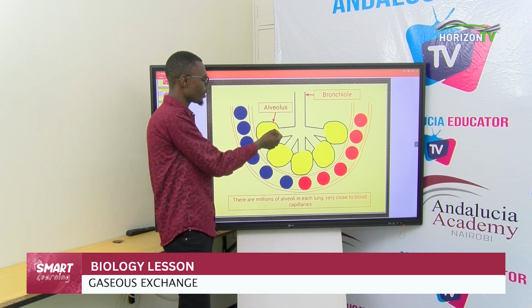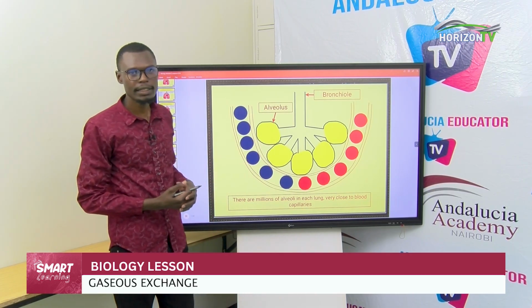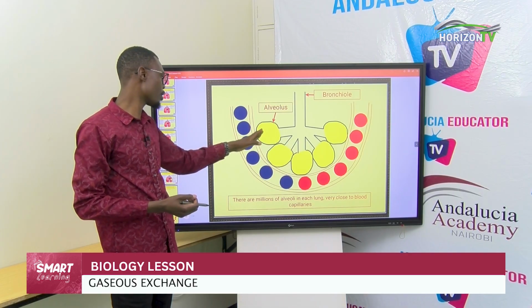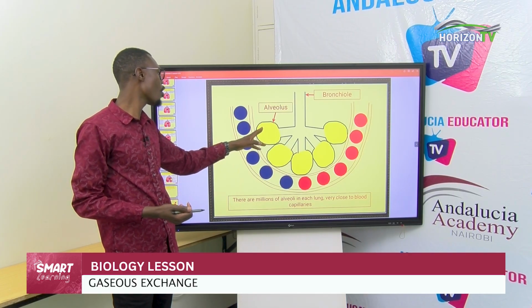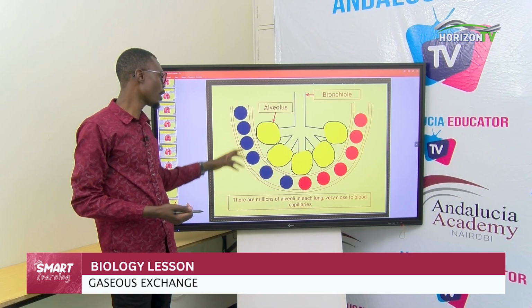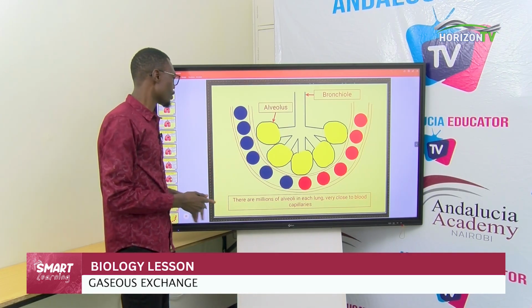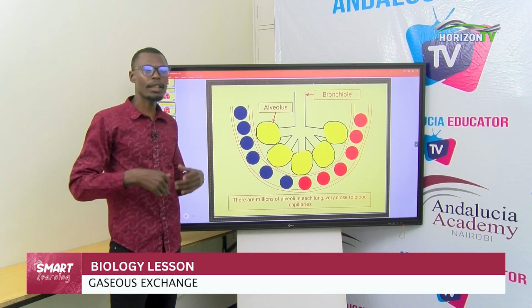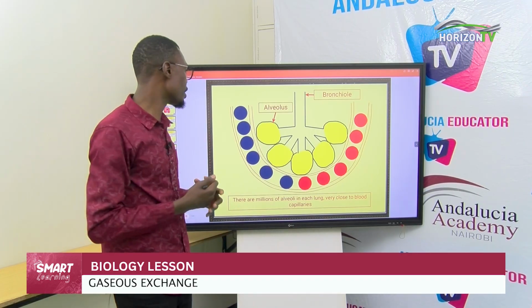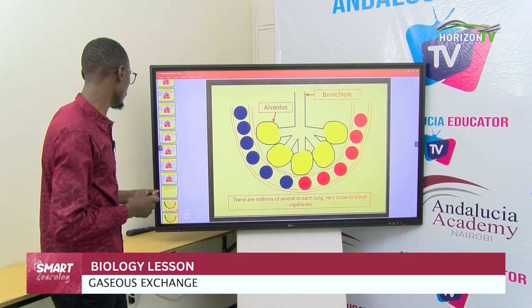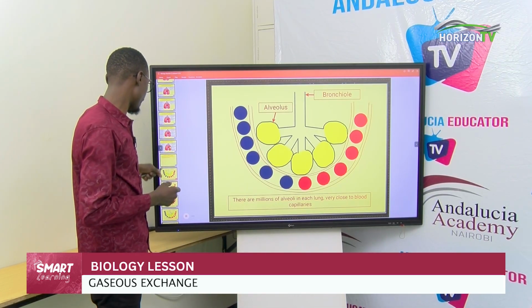High concentration of oxygen in the air sacs will cause the diffusion gradient. Therefore, oxygen diffuses into the blood. Once it gets into the blood, it is pumped all around the body to the body cells, where it is used during respiration.